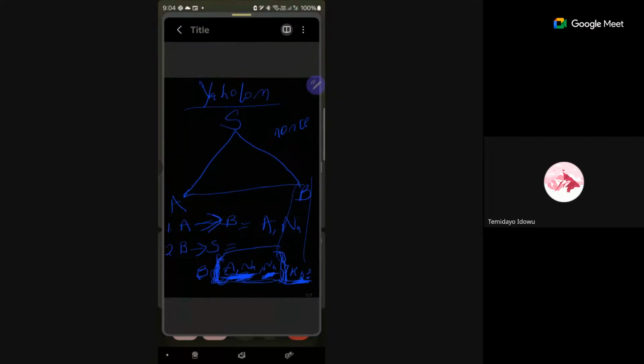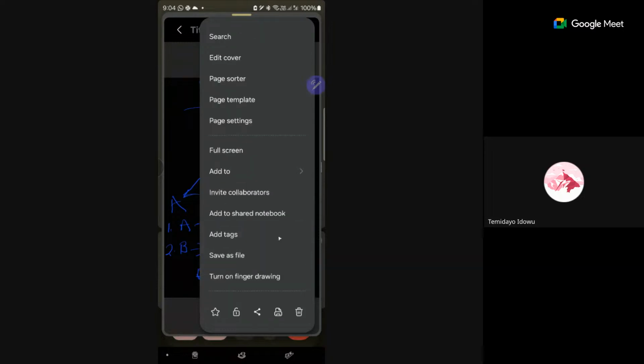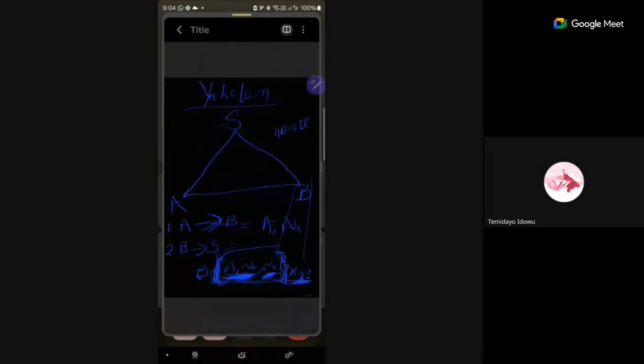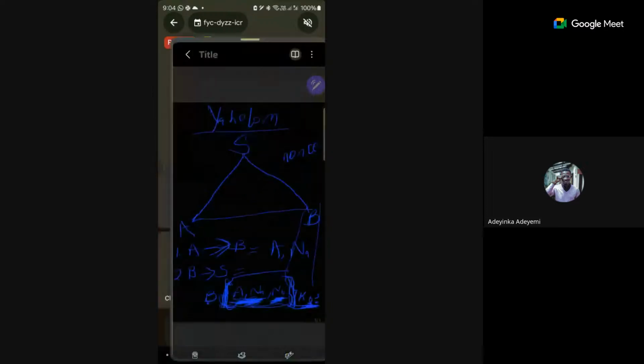Coming, guys. I think it's just a page of a page.